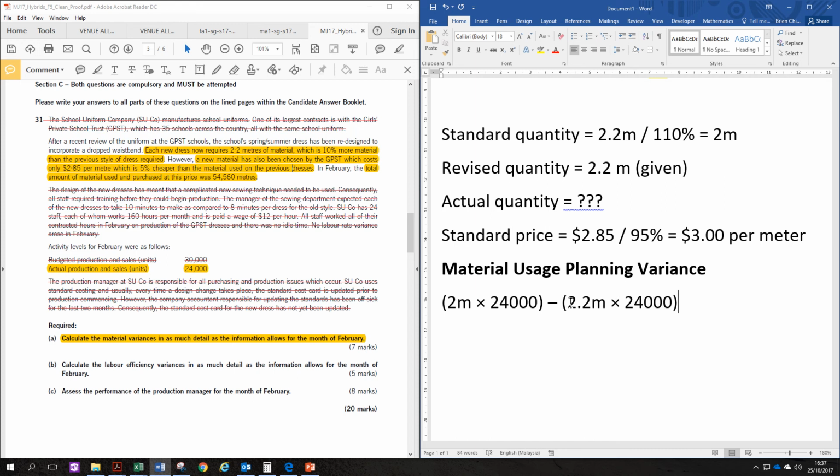Some of you are good at math. You realize that I've just repeated myself over here, but this is just to make things clear. Once you have calculated that amount, you are going to multiply it by $3. And that will give you an answer of $14,400 adverse.